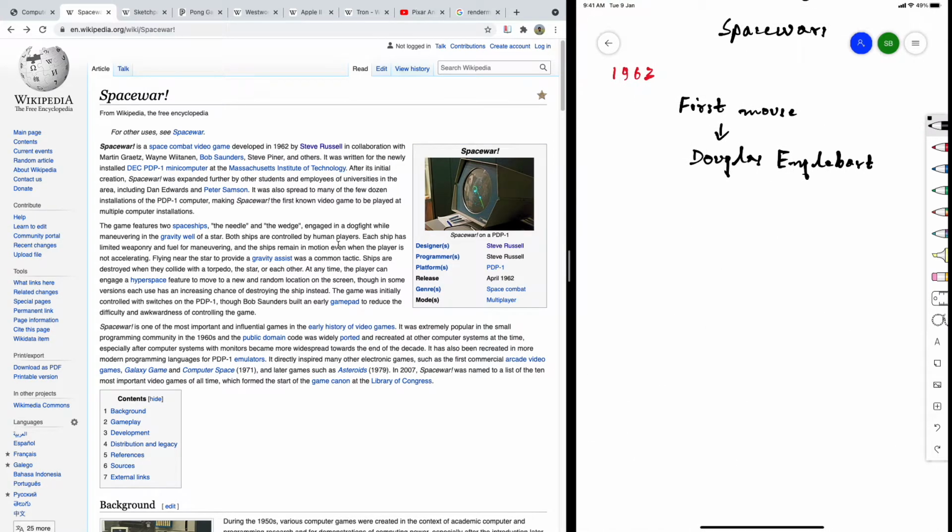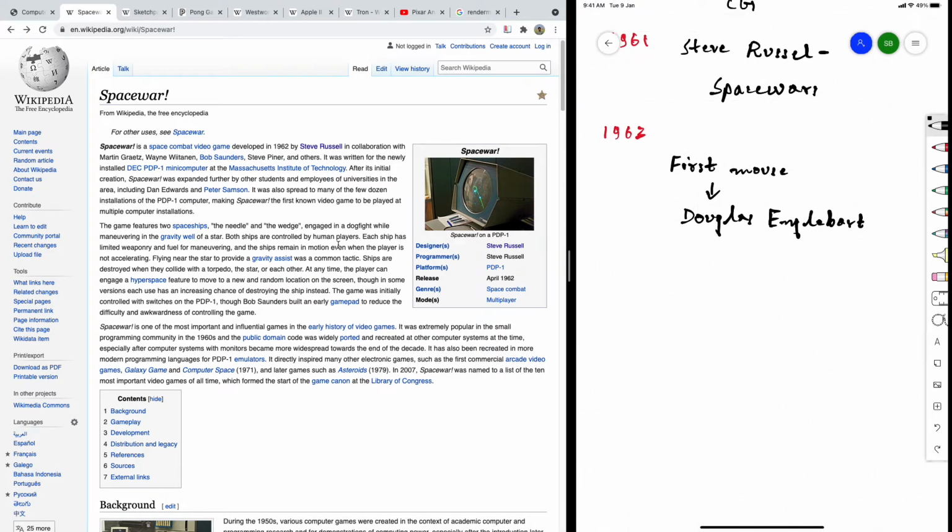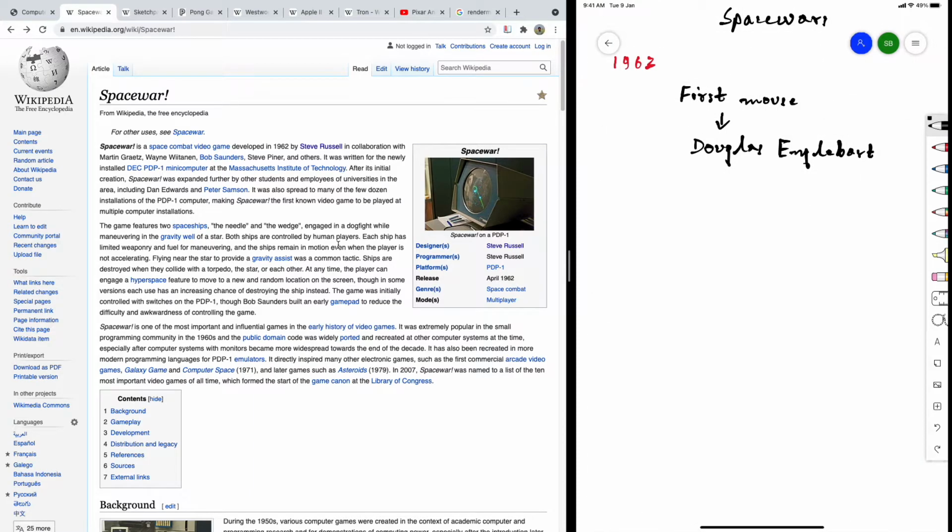He was the first one to design the mouse. One more thing happened in 1963, and that was called Sketchpad.